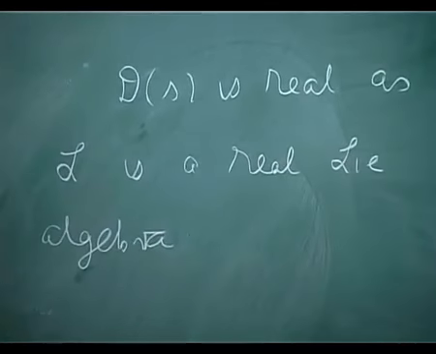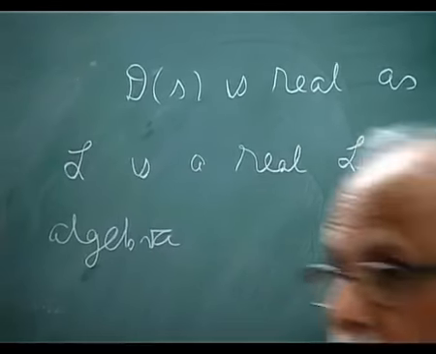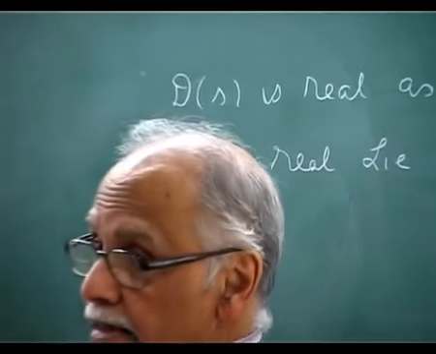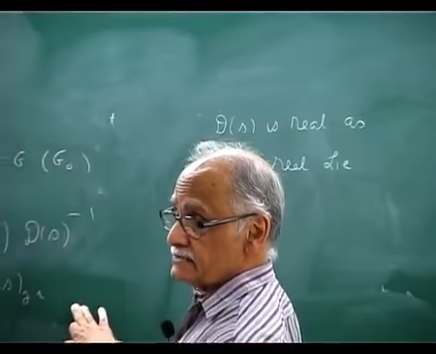Now we know from general theory that there exists a basis where ds is unitary.